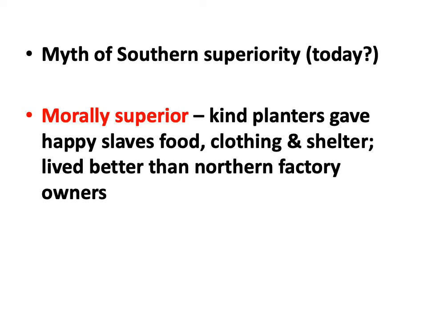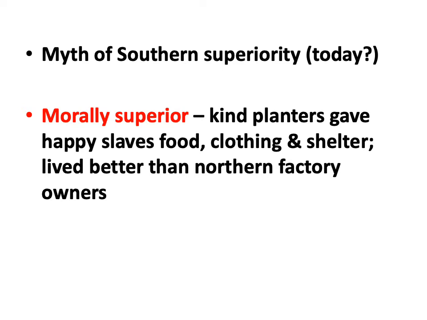Southerners claimed that they treated the slaves better than the Northern factory owners treated their workers. They pointed out that the slaves had food, clothing, and shelter from birth to death, and they compared that to the situation in Northern factories, where when someone became too old and infirm to work, they simply lost their job and they were on their own, or if someone were injured on the job.